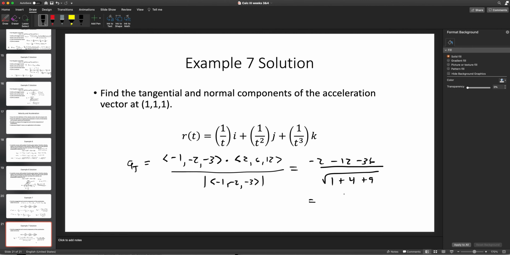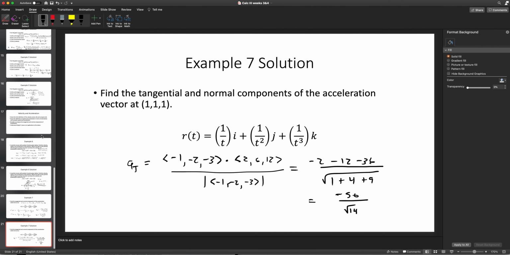So we're just going to get negative 50 divided by square root of 14. So that's the tangential component of the vector at 1, 1, 1.